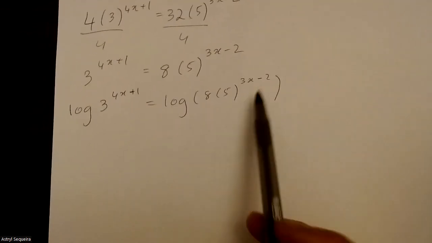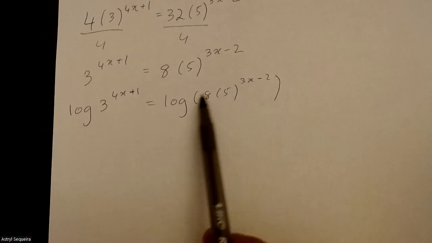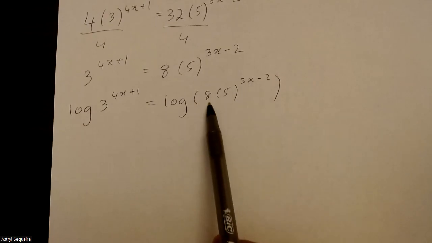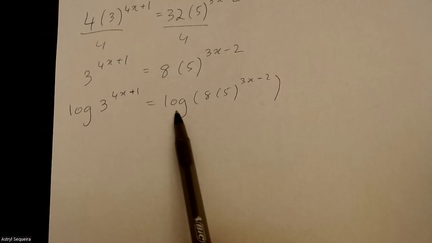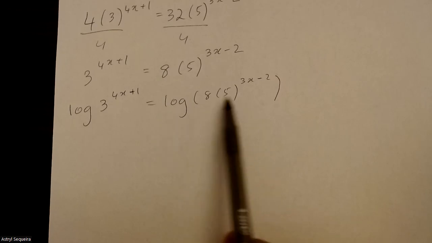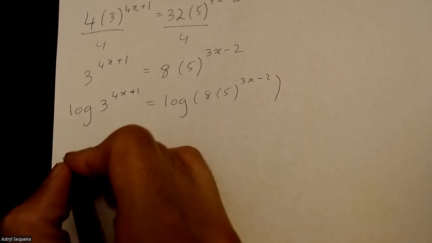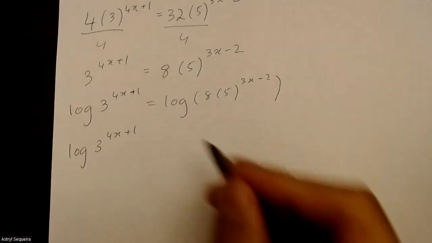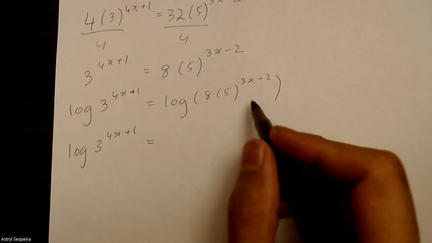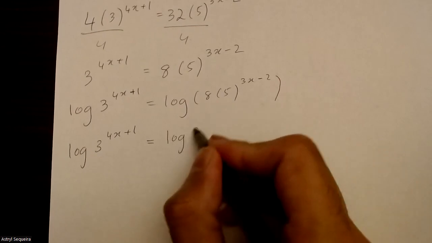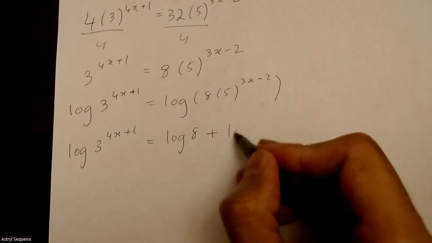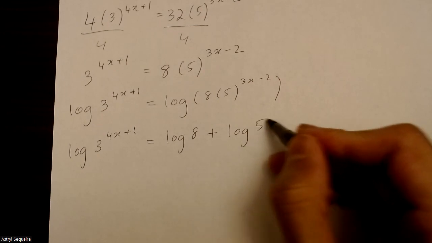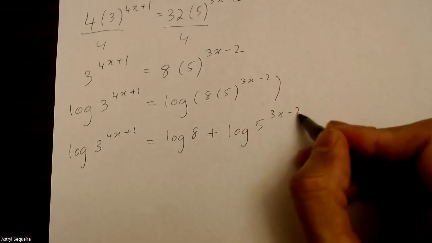Now, the problem here is I cannot bring the exponent down because there's an 8 inside this bracket. So I need to first use my rules of log to split this up into two different logs. I'm going to write this side the exact same. Over here, I'm going to split this into log 8 plus log 5 to the power of 3x minus 2.